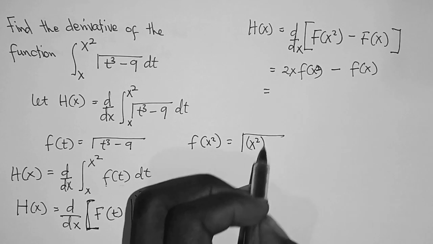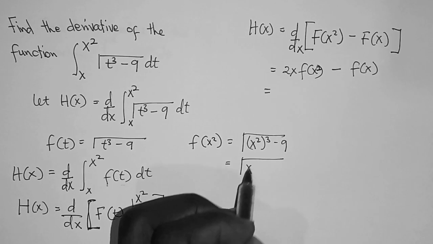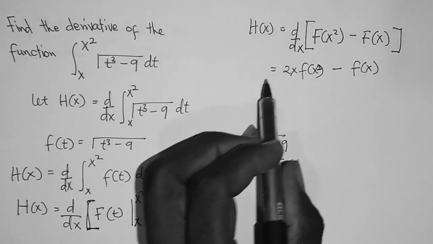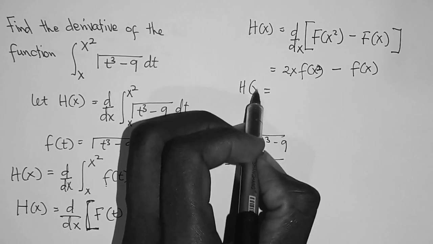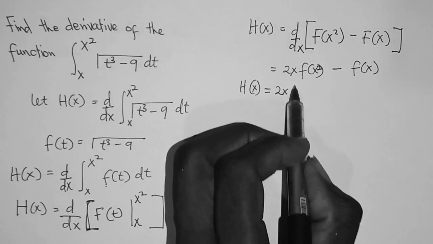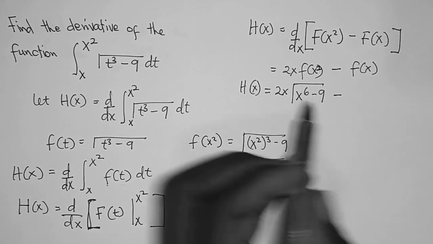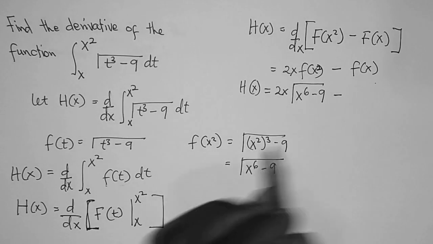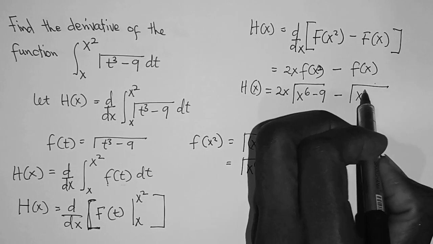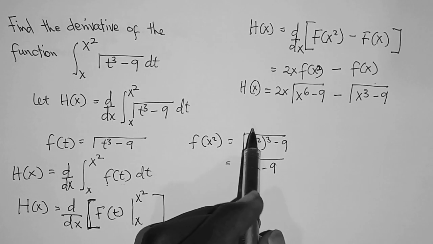X squared exponent 3 minus 9, which is equal to square root of x exponent 6 minus 9. So at the end of the day, h of x is equal to 2x, then f of x squared is square root of x exponent 6 minus 9, minus f of x, and then f of x is equal to square root of x cubed minus 9. So this is the final answer.